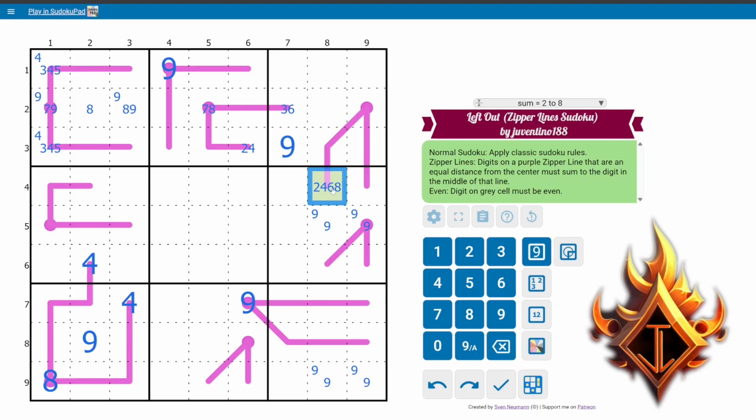This can't be 8 now. This cannot be 7. This is 6 or under.